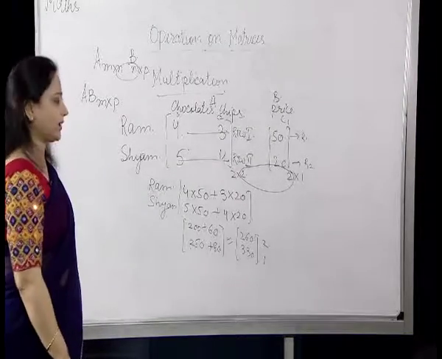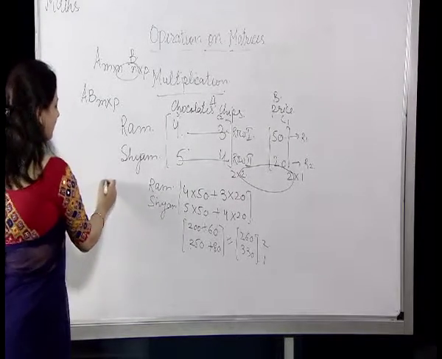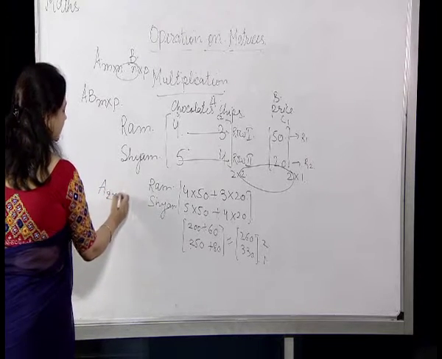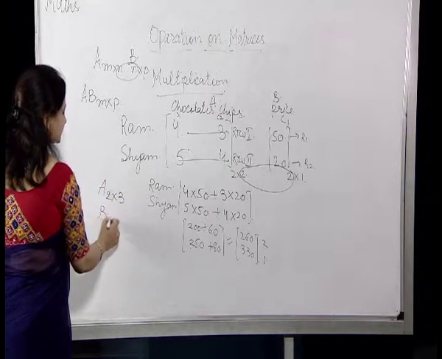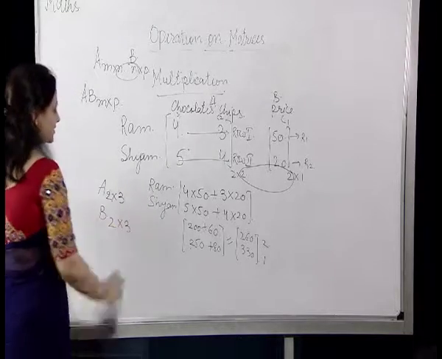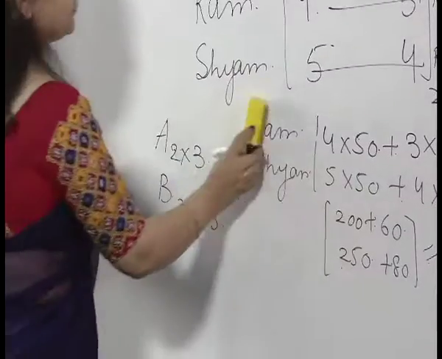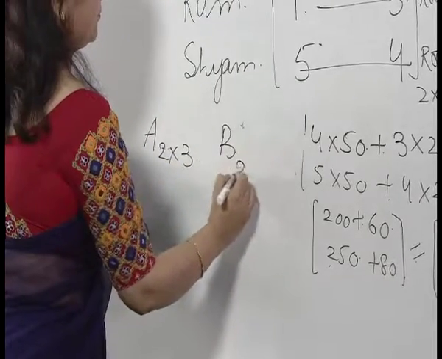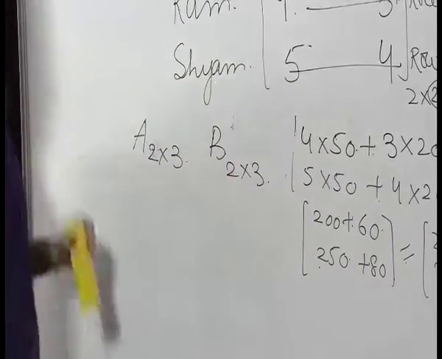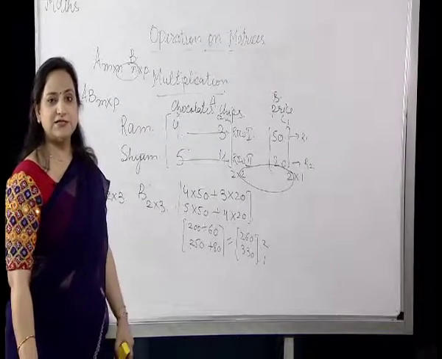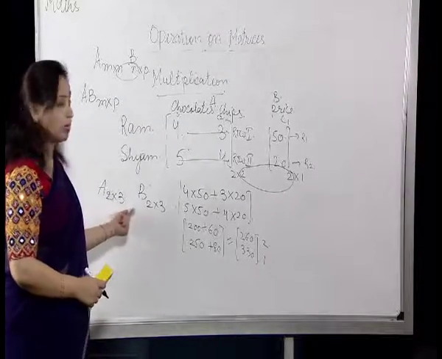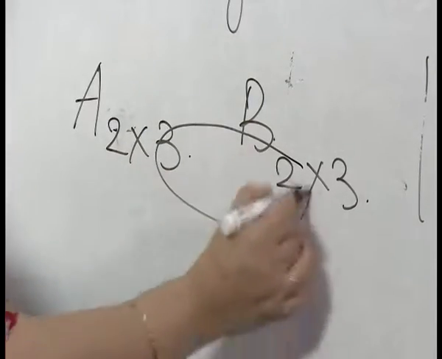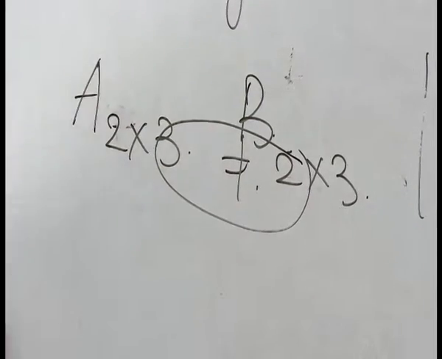This is very important. So, that means if A is a matrix of order 2 by 3, and B is also a matrix of order 2 by 3, can we multiply the two matrices? No, we cannot multiply the two matrices because 3 is not equal to 2.